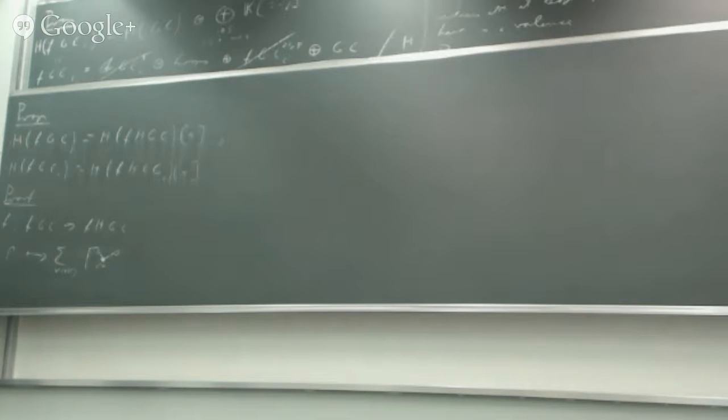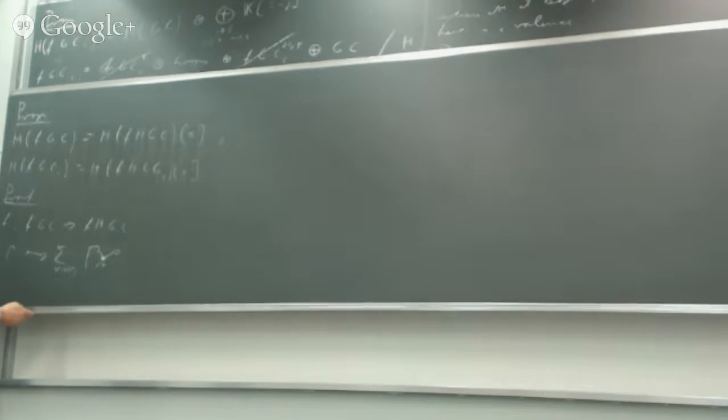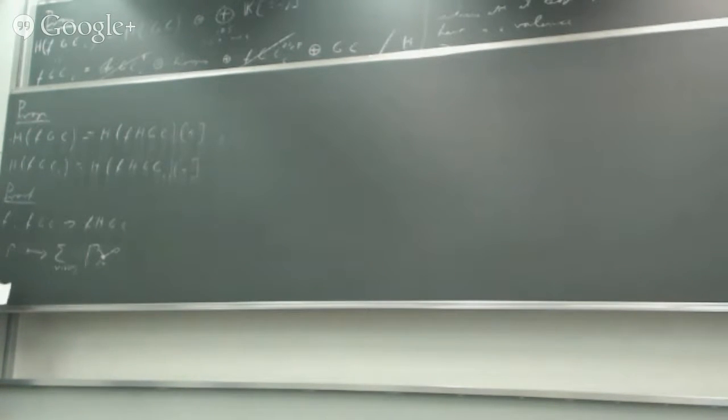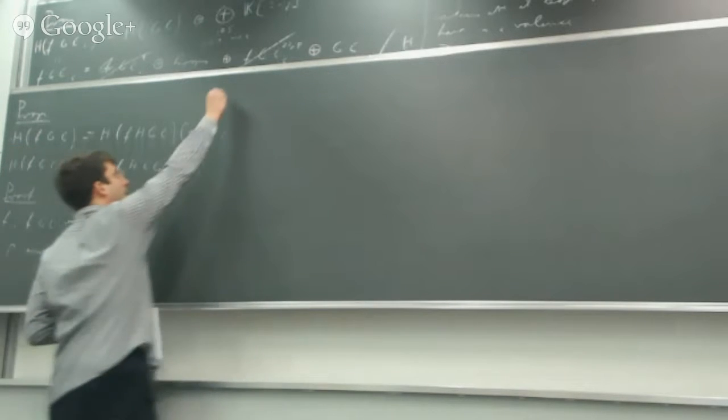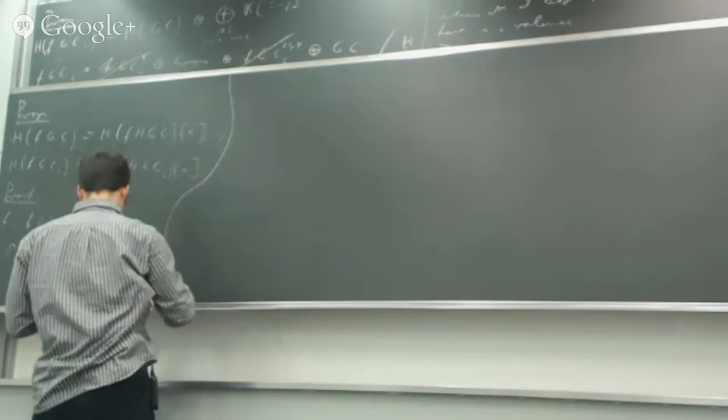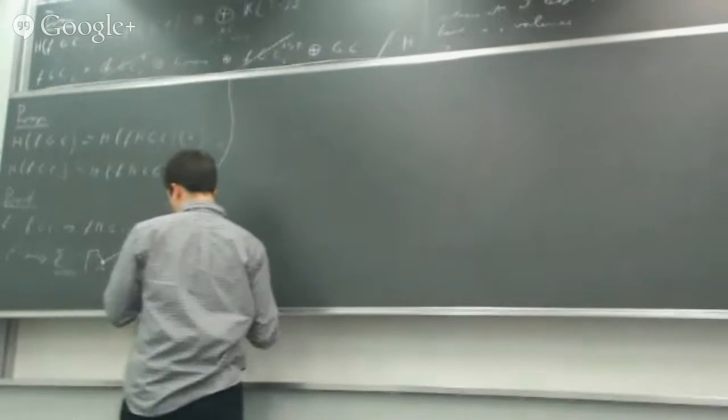Can you have two hairs on the same vertex? No, because hairs have odd symmetry. So if you exchange them, you get a minus, and therefore it's 0. The same story as with the multiple edges. Okay. And here I will use the theorem.